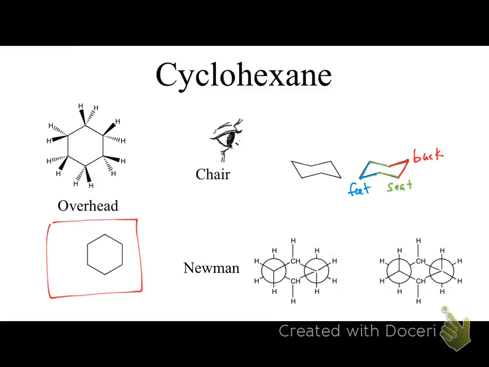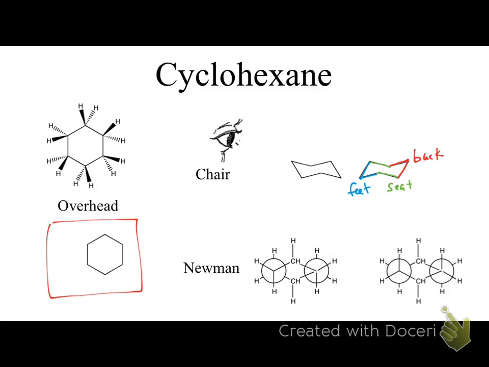What Newman projection do we have there? It's staggered. Our bonds are all in empty space. We said the chair was one of the more stable conformations. Why would the chair be one of the more stable conformations? Because in our Newman projection, we're in a staggered conformation.